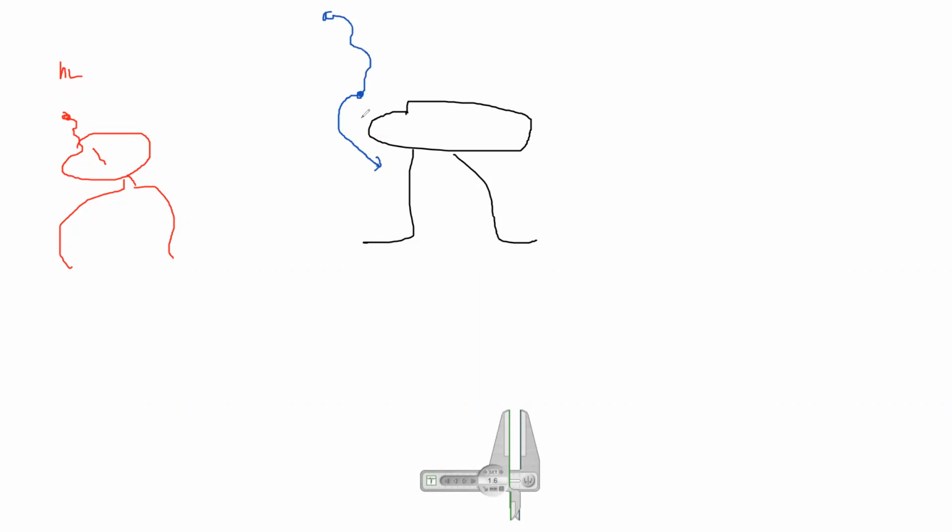If you bypass the AV node, then you would have a shortened PR interval. In addition, because it traveled through this route and didn't go into the AV node, it causes simultaneous depolarization of the ventricles. It's going to be manifest with a short PR interval and a delta wave.